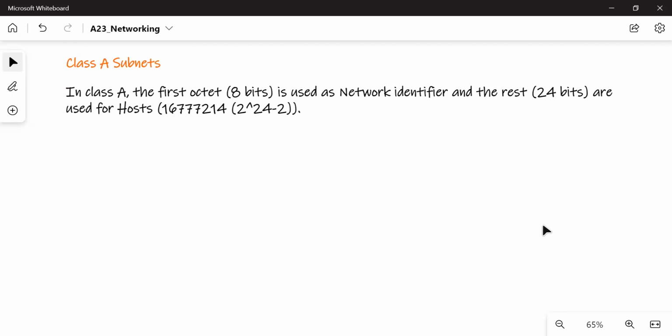If you want to create subnet, if you want to divide the network within class A, you have to borrow bits from host. And this will change the subnet mask because we know already, right? When you're borrowing, right, network part is going to change. So let's see what will happen.